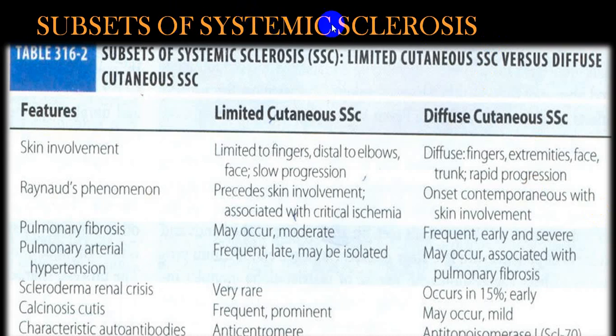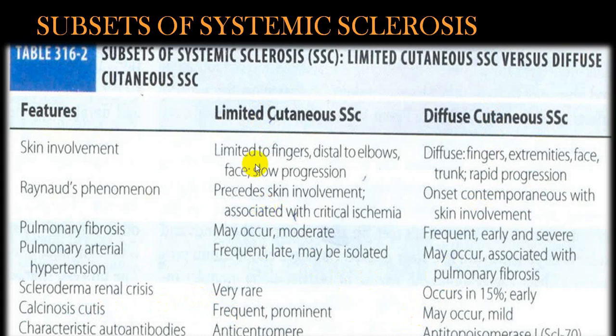In a subset of systemic sclerosis, this is limited and cutaneous. Again, same skin, Raynaud's phenomena, pulmonary fibrosis, pulmonary hypertension. Renal crisis will be more common in diffuse as compared to limited. It is absolutely rare. Calcinosis cutis is more common in limited variety, very uncommon in diffuse variety.